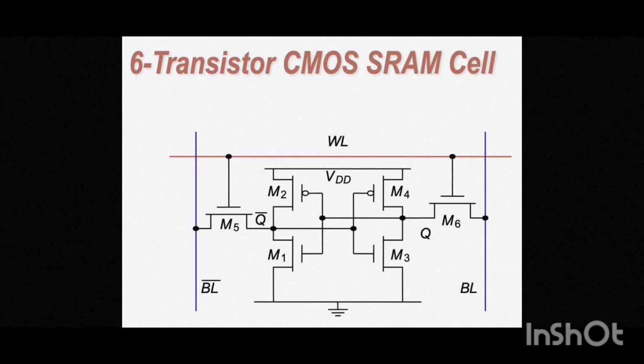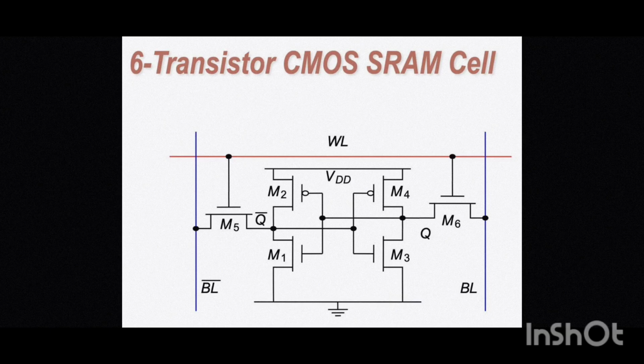The access transistors are controlled by the word line. When the word line is activated, the cell communicates with the bit lines. When it is inactive, the cell remains isolated and continues storing the data.